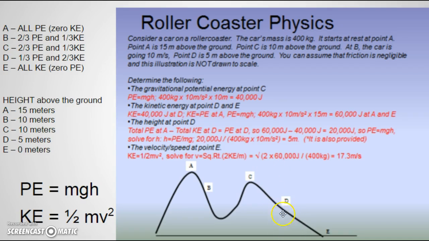It's still 1/3 of the way off the ground, so it's got 1/3 of its energy in the form of gravitational potential energy. And then at E, it's all KE, 0 PE. And the total energy at all of these letters is equal to the total energy at A. They're just in different forms. So the height above the ground: at A it was 15 meters, B and C were both 10 meters, D is 5 meters, and E is 0 meters.